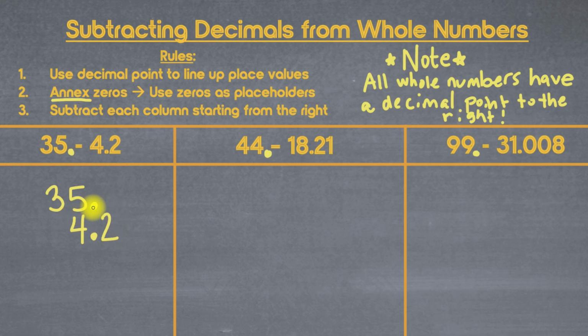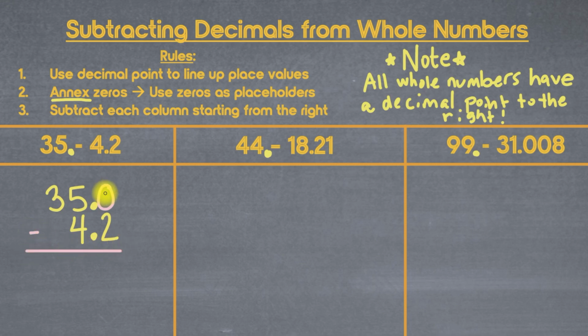Now that we've used our decimal point to line everything up, as it says in step number 1, now we can go to step 2, which is to annex any zeros that we need. In other words, wherever you see a blank place value, like right here, we can put a 0 there instead. So I'll put a 0 here, right above the 2. And then we can subtract.